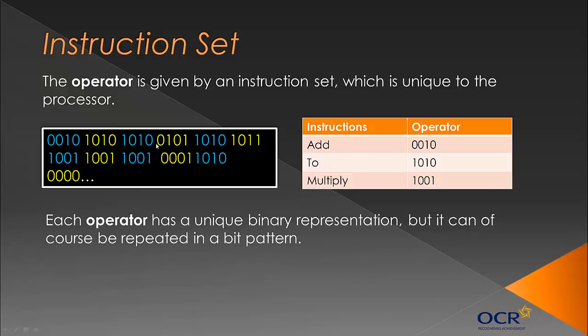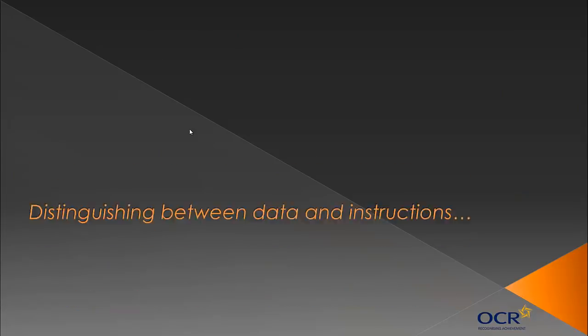So this is add, this would be 2, and then we have the 2 repeated several times. It can be repeated in a bit pattern, but each operator has a unique binary representation. So this being 2, this cannot be anything different because it's represented by the same binary number. It's important to establish that each one is unique, and that's how it understands what to do.